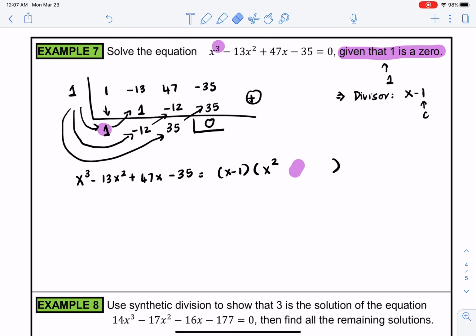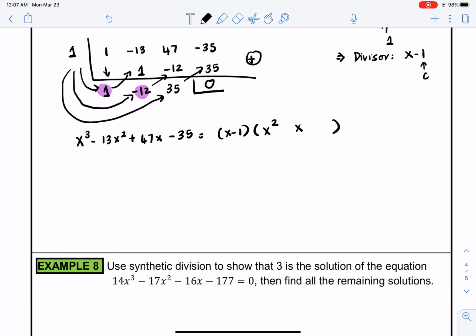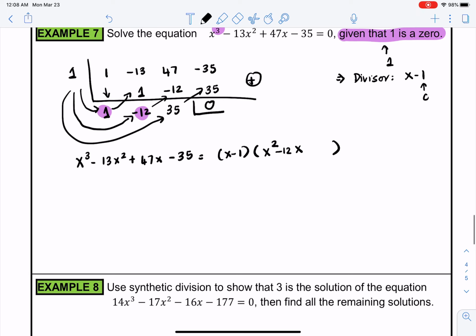The next term is an x term, the coefficient of that is negative 12, and the last term is the constant, so plus 35. The remainder is 0, so we have x minus 1 and x squared minus 12x plus 35.